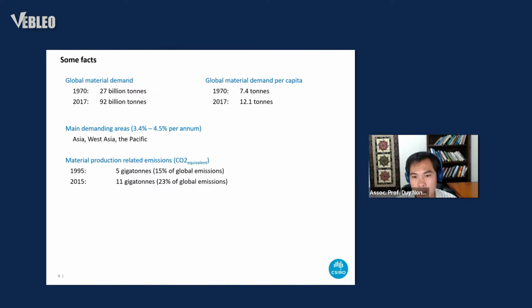At the same time, global material demand per capita also increased significantly, from 7.4 tons, leading in regions in Asia, particularly West Asia and the Pacific, with an annual growth rate of 3.4% to 4.5%.